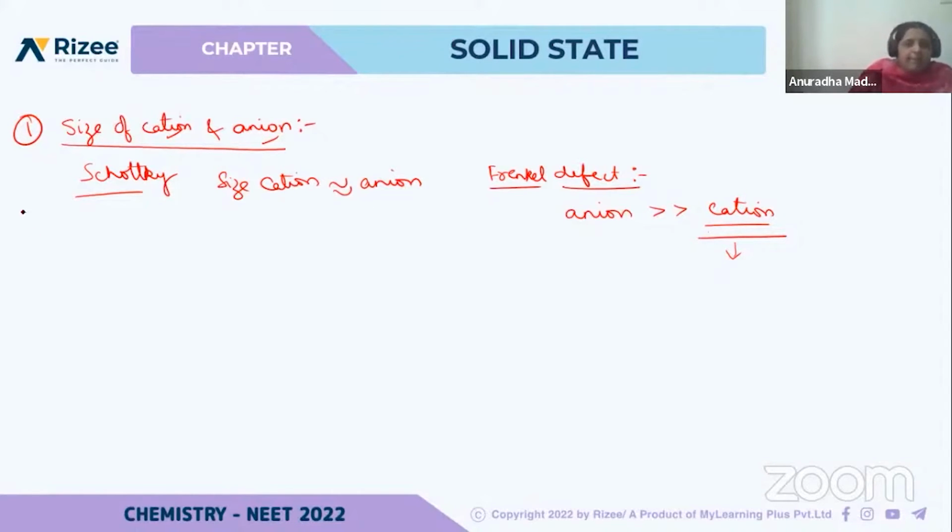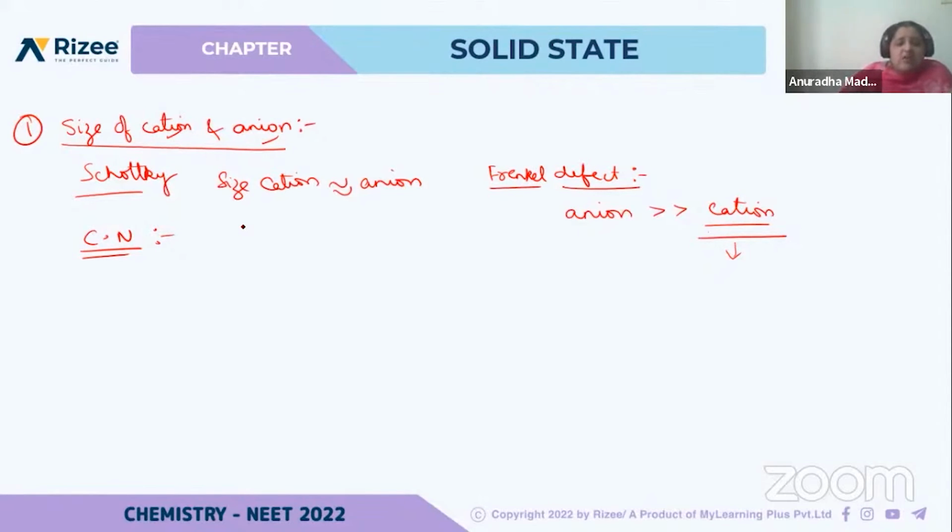Then, coordination number. What is the coordination number? The number of neighboring atoms that touch one atom. When will this coordination number be high?